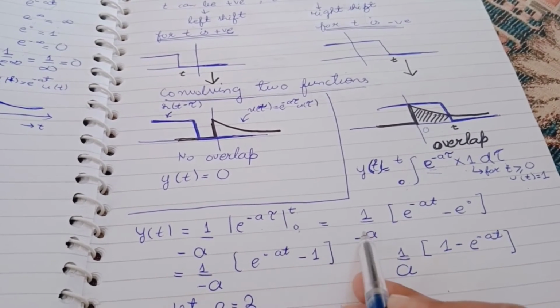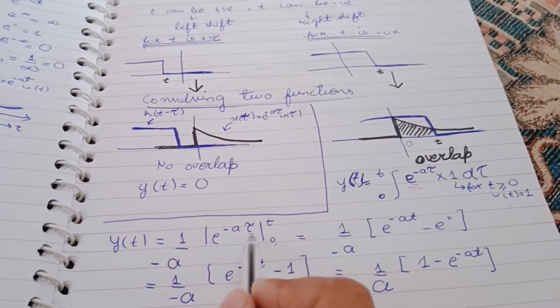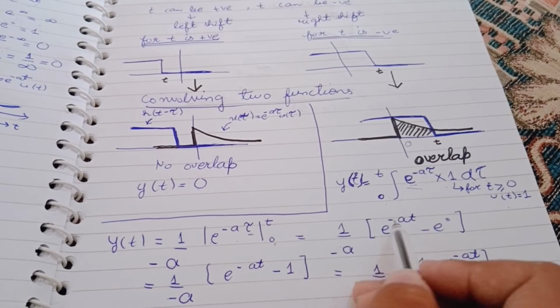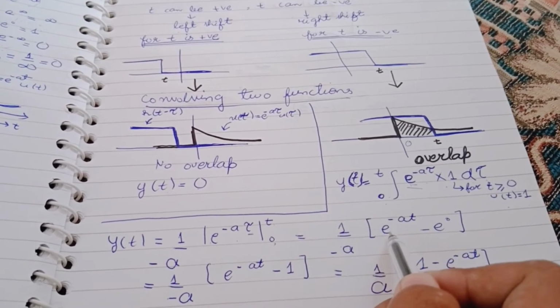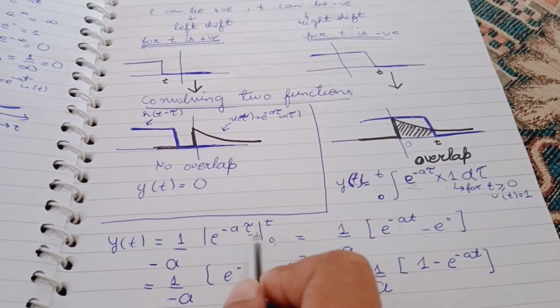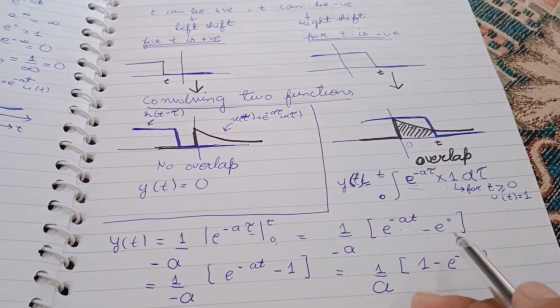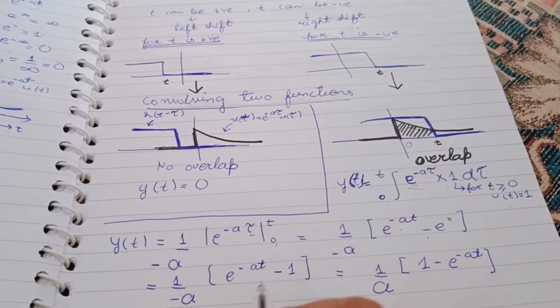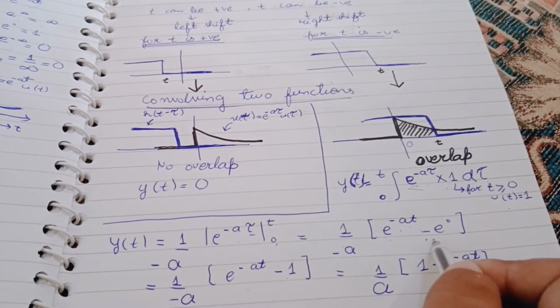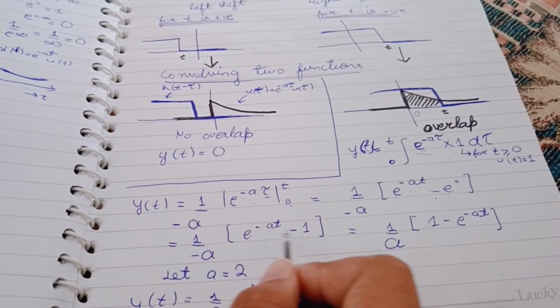Now we will put the limit, which is e^(-at), except tau you are putting the value of t here, minus e raised to power 0. You are putting 0 except tau. So e^(-at) will remain the same, minus e raised to power 0 which is 1, equals 1 by minus a into (e^(-at) - 1).